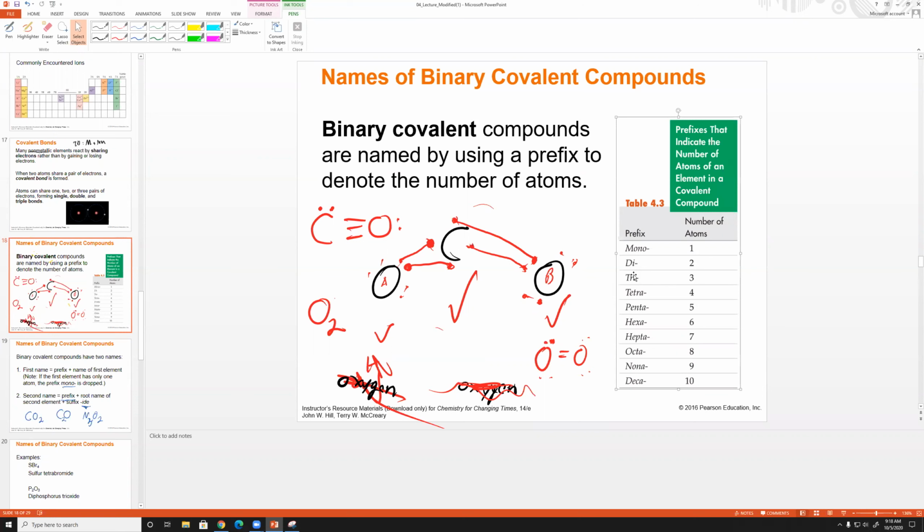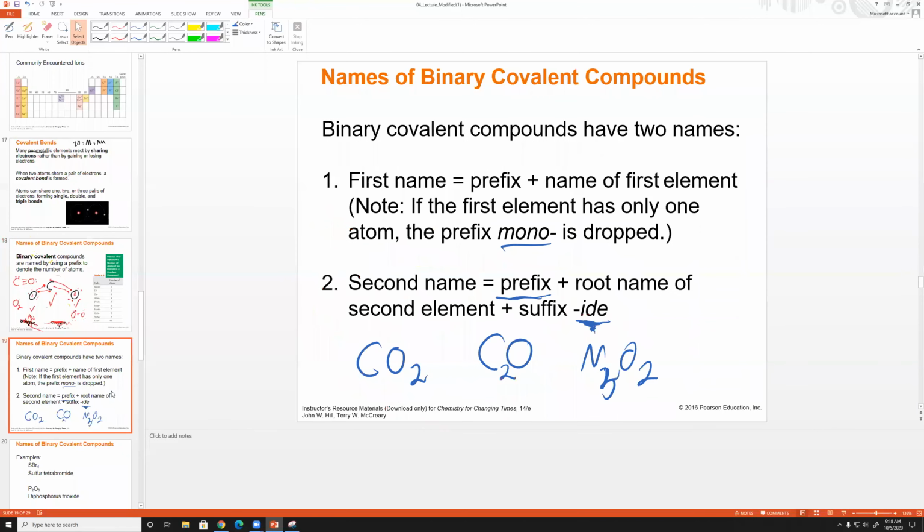Tri means like tricycle, 3. Tetra means 4, like Tetris or tetrahedral. In Tetris, each block is composed of 4 little blocks. And everything after tetra is just the shapes, like pentagon, hexagon, heptagon. So you should be familiar with those. But the first 4, maybe you want to take a look at.